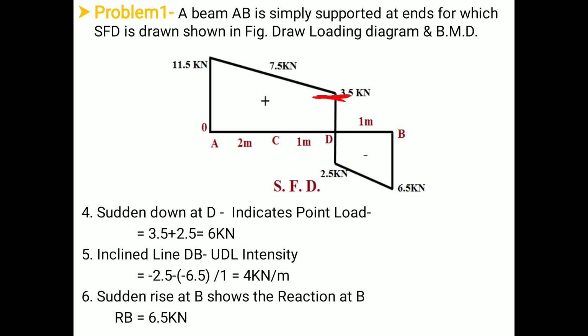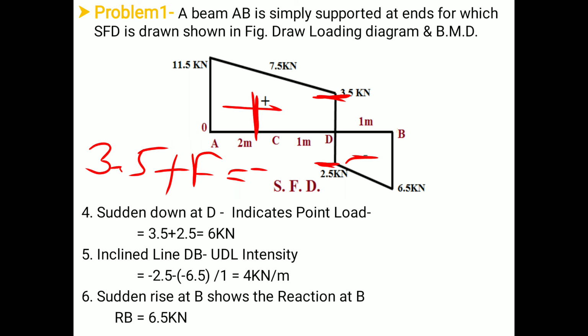This 3.5 kilonewton is acting in the positive part of the shear force diagram, therefore it is 3.5 plus F, where F is the reaction or external force, which is equal to minus 2.5, because this minus 2.5 is in the negative region. On solving for F, we have minus 2.5 minus 3.5, that is minus 6. As we have a minus sign for the force, it indicates that it is acting in the downward direction.